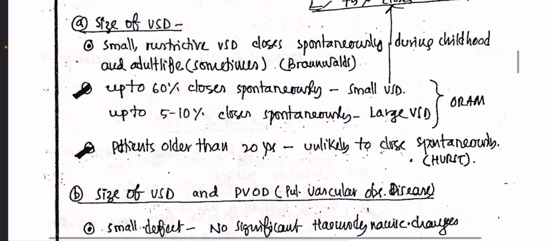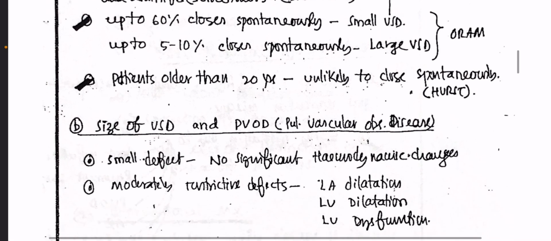According to the size of VSD, small restrictive VSD closes spontaneously during childhood and sometimes adulthood. Up to 60% of small VSD close spontaneously. Up to 5 to 10% of large VSD close spontaneously. Patients older than 20 years are unlikely to close spontaneously.